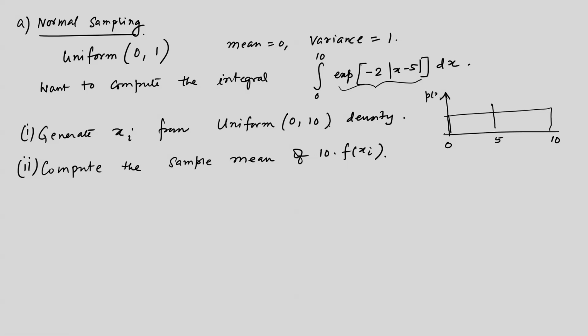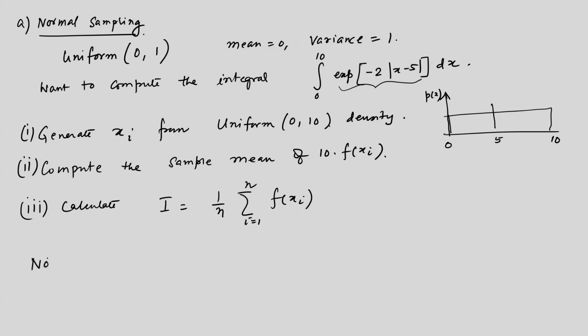So, this is your p(x), and one chooses values at random from this, and then calculates 1 over n, sum from i equal to 1 to n of f(x_i) to calculate the integral. So, this will give the value of the integral.